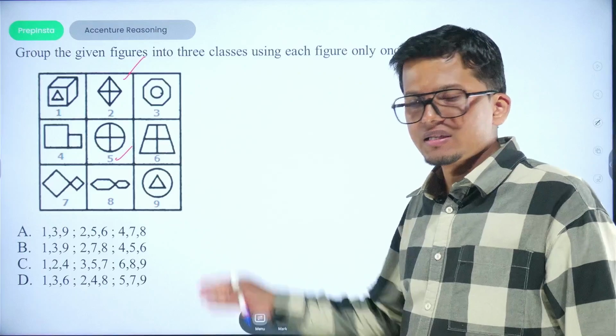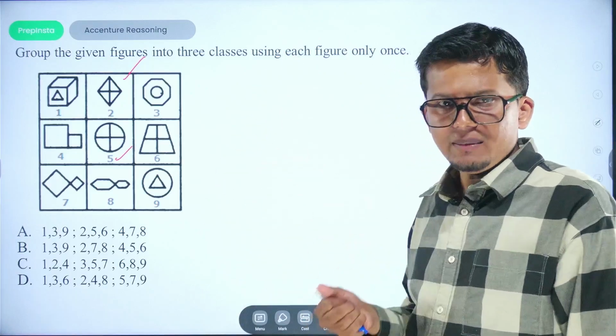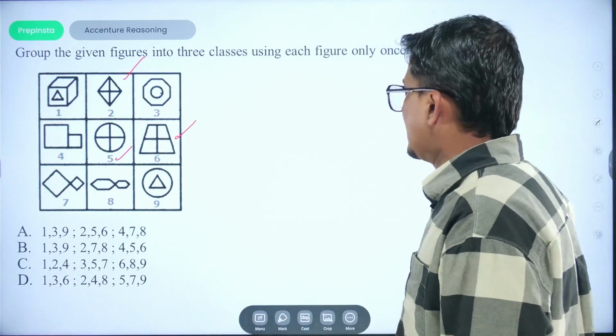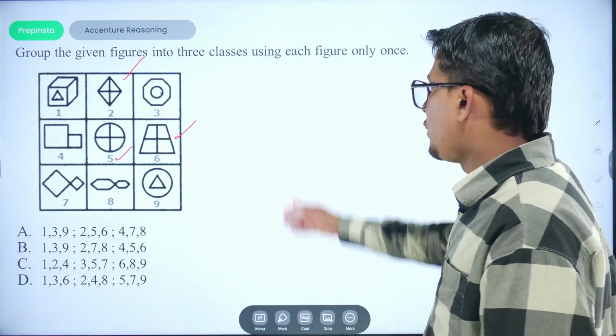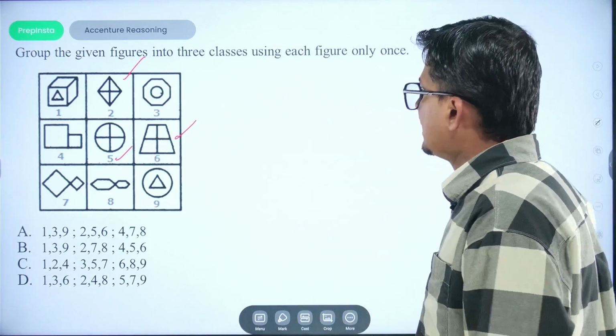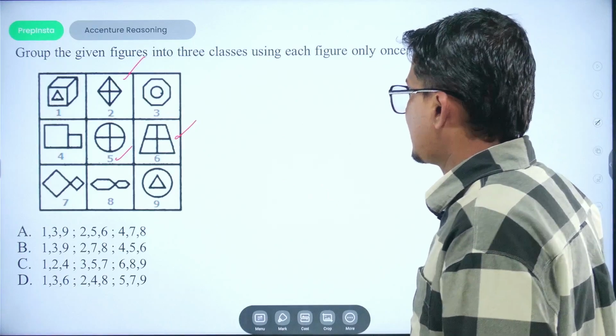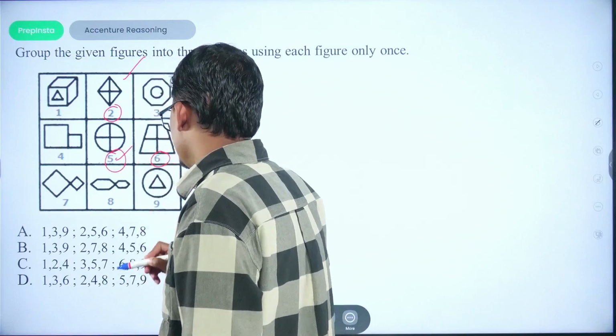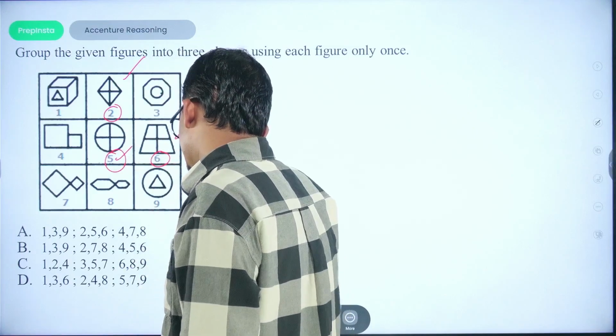There is a circle which is dissected by horizontal and vertical lines. This parallelogram also is being dissected by horizontal and vertical lines. So we have a particular pattern, that is 2, 5 and 6. 2, 5 and 6.